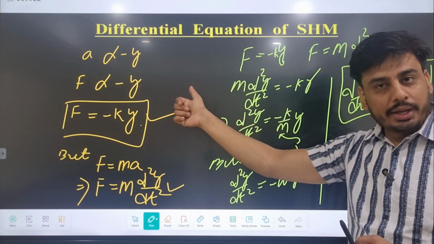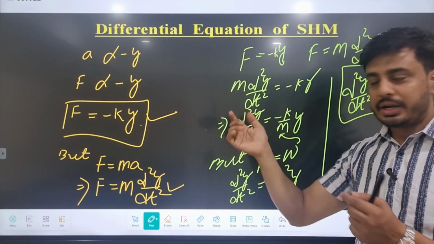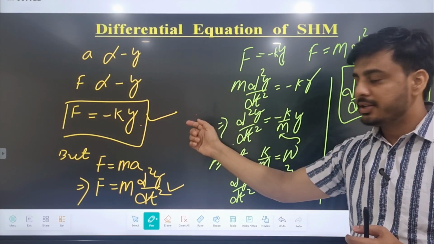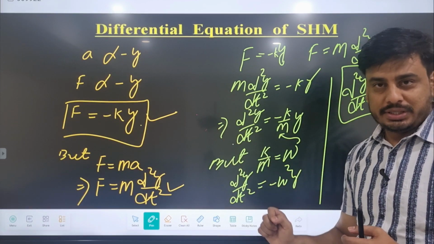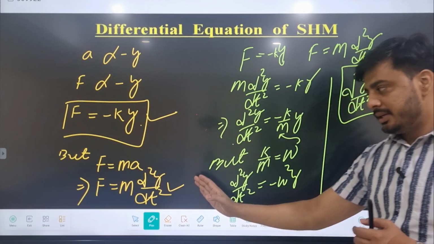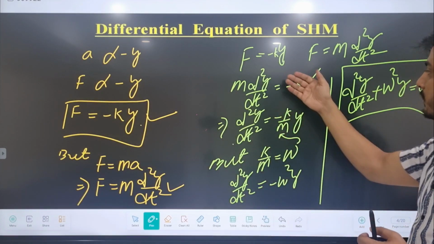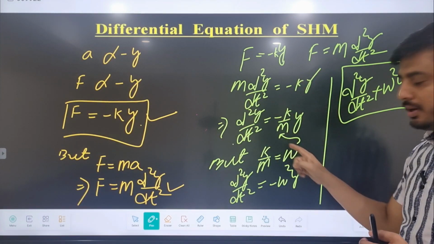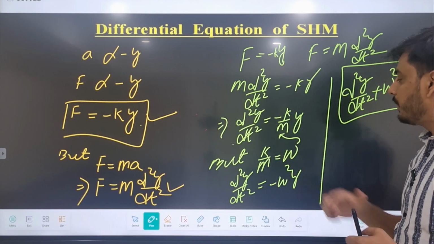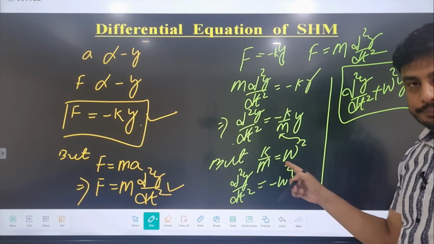Force is directly proportional to y, and there is a negative sign because both are in opposite direction. So F equal to minus ky. Already we have the formula force equal to mass into acceleration. So we can write m d square y by dt square. We just equate, and here is a rearrangement. K by m we have written, and instead of k by m we can write omega square.